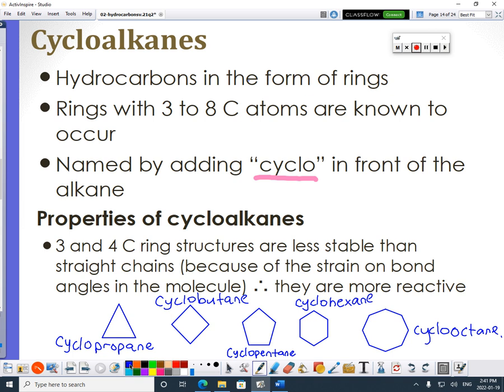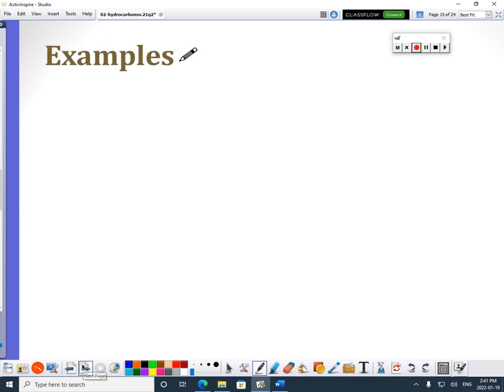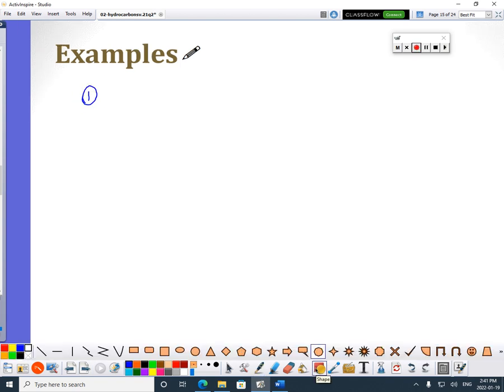Okay? So there are two real kinds of these that you can have. You can have the ones that are all by themselves, or you could have ones like this. Do a square this time.